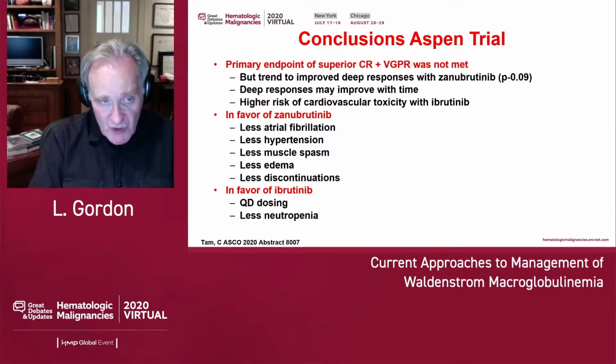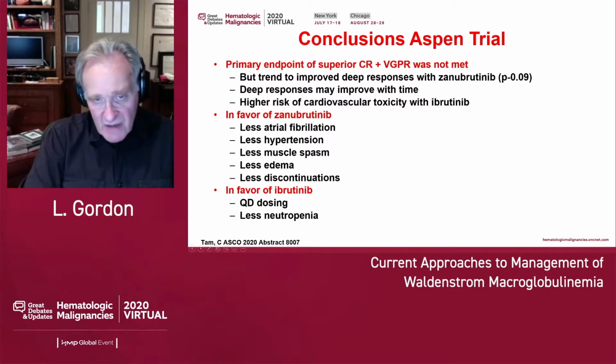There's a trend to improve deep responses with zanubrutinib. Deep responses may improve over time. There's a higher risk of cardiovascular toxicity with ibrutinib. So in favor of zanubrutinib is less atrial fib, less hypertension, less muscle spasm, less edema, less discontinuations for adverse events. In favor of ibrutinib, once-a-day dosing rather than twice-a-day dosing, and less neutropenia.